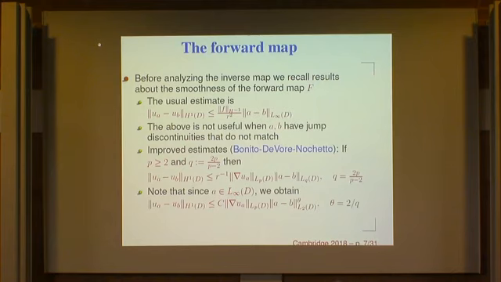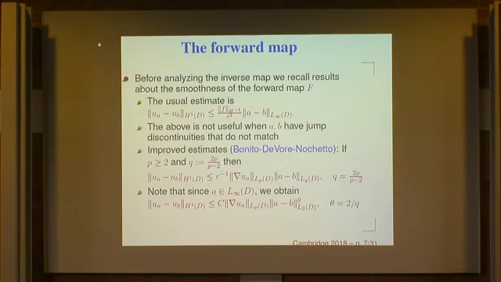So anyway, we're going to need some results about the forward map and the stability of the forward map. So this isn't the inverse map I'm going to talk about, it's the forward map. What happens if I take two diffusion coefficients A and B, if they're close, can I say that UA and UB are close in H1? Well, this is rather classical.